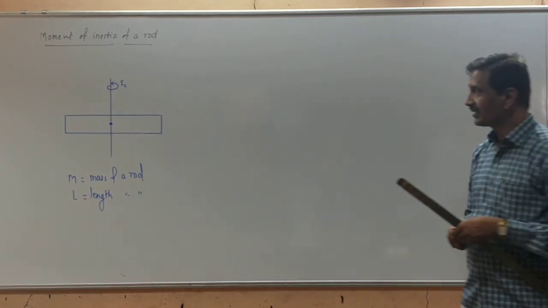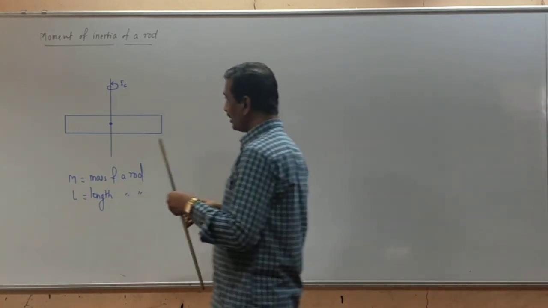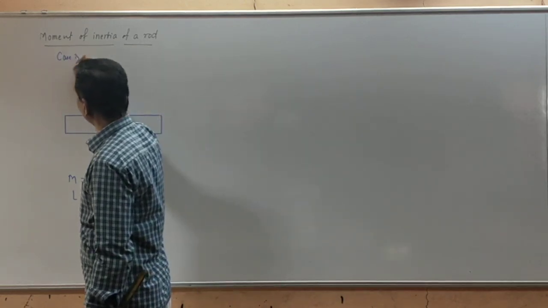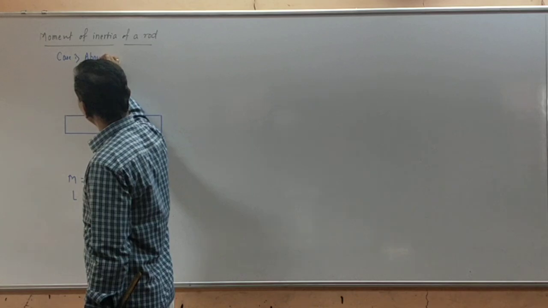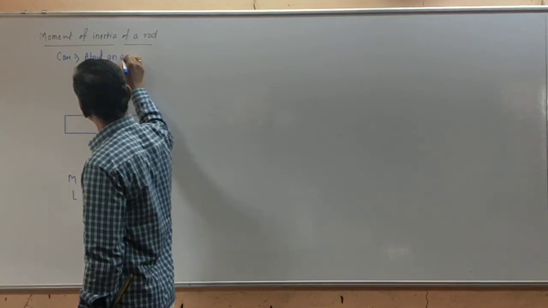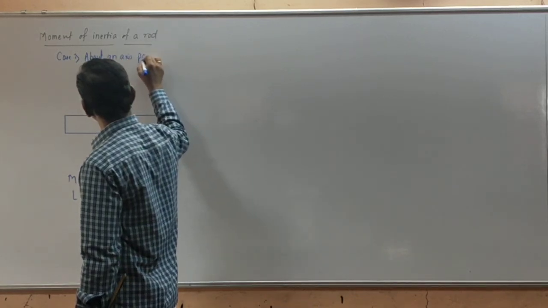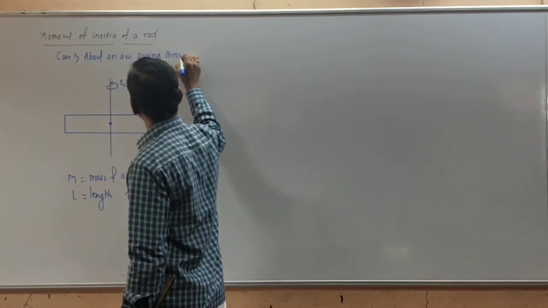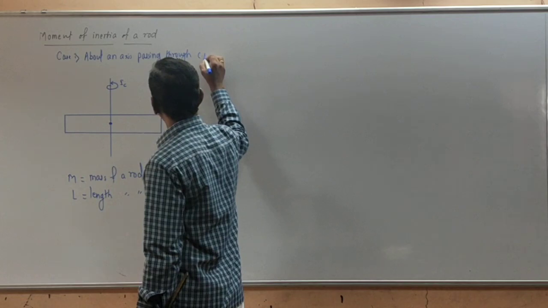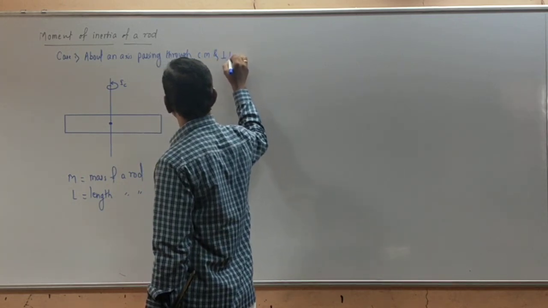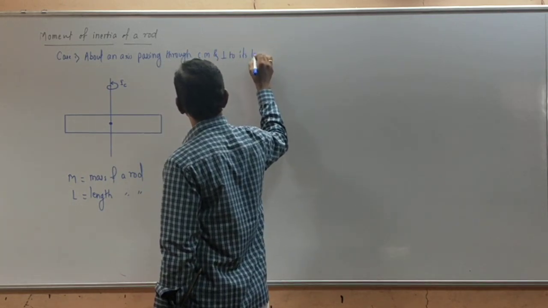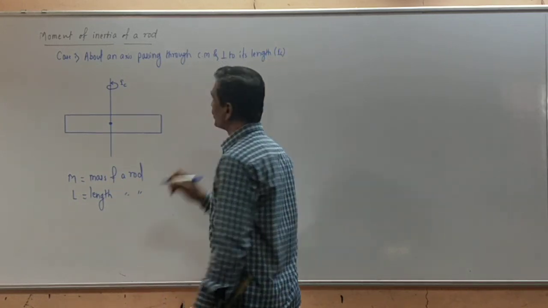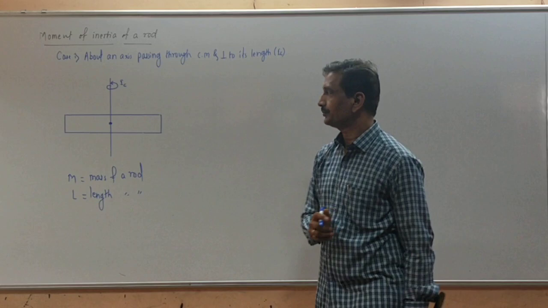So hence we consider here the moment of inertia, case number 1, about an axis passing through the center of mass and perpendicular to its length. This moment of inertia we denote by letter IC.